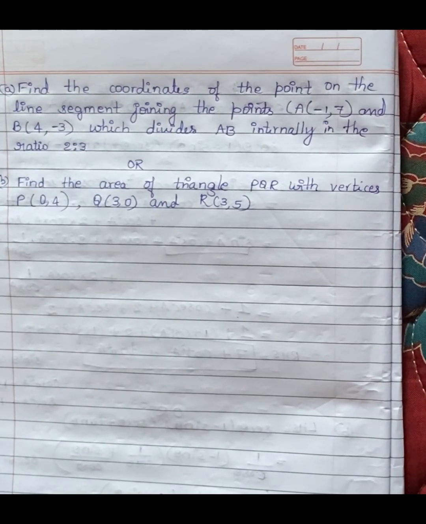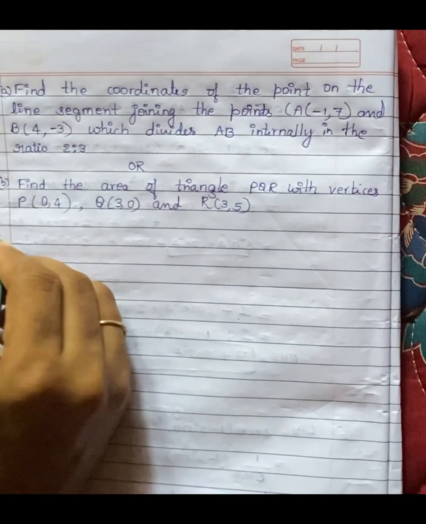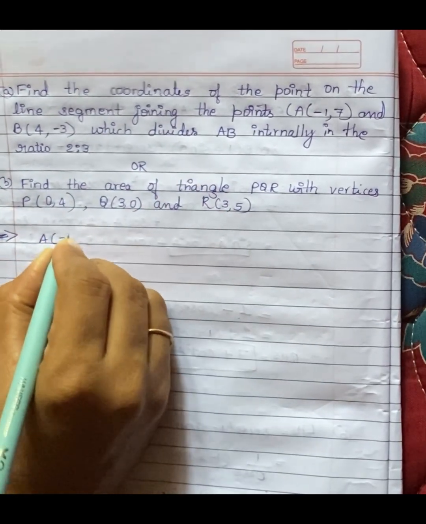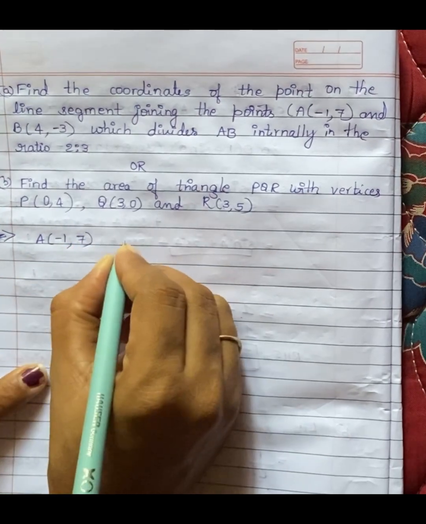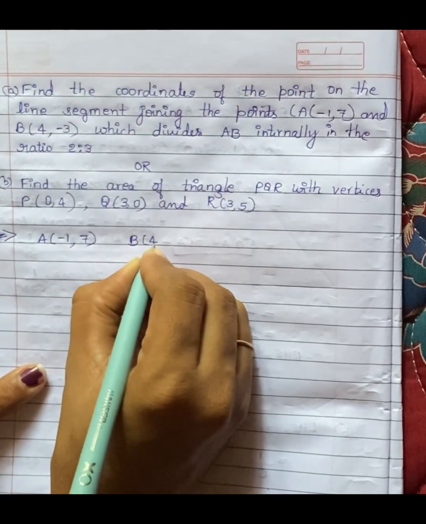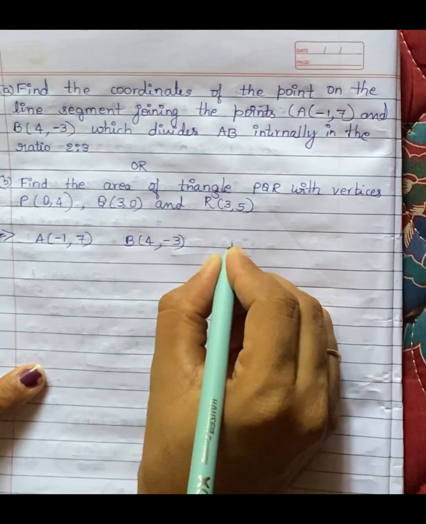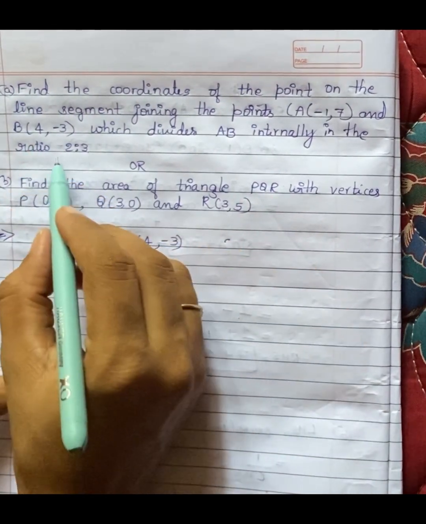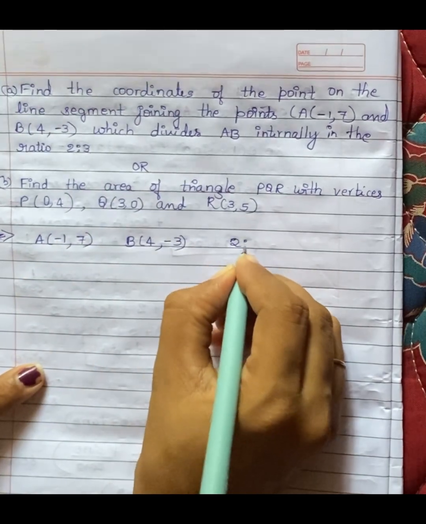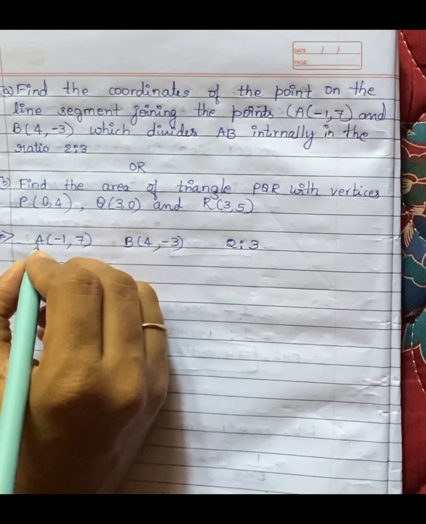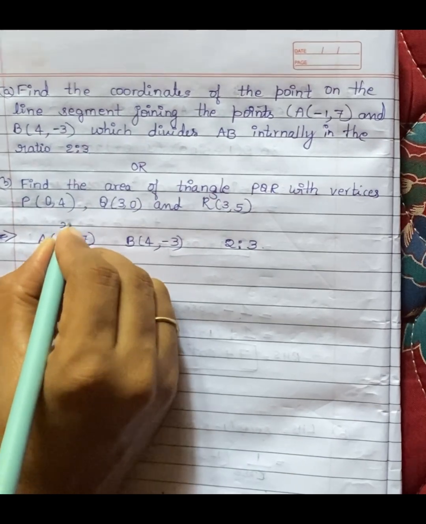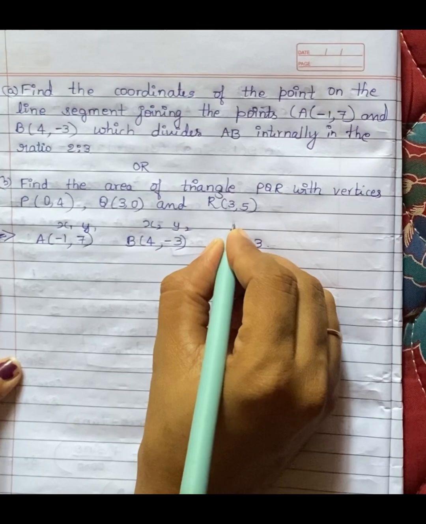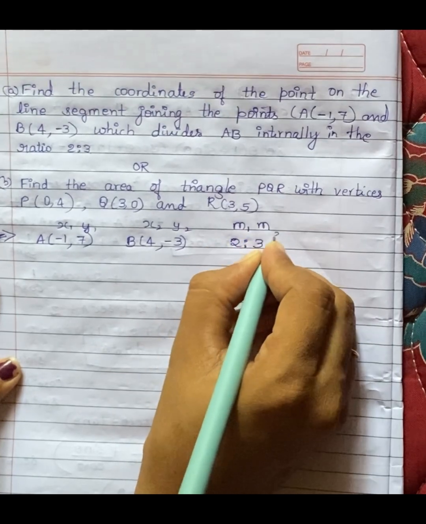So what is the given value? A(-1, 7) and B(4, -3), and they have given the 2:3 ratio. Now we'll consider this as x1, y1, x2, y2, and this is m1, m2.